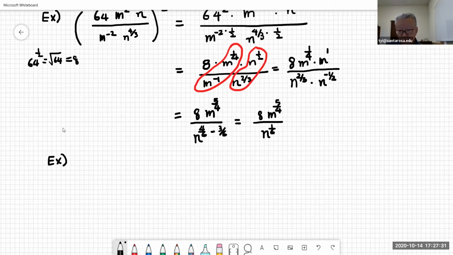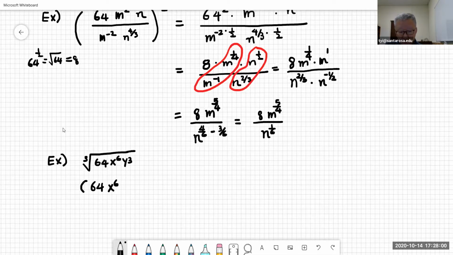If I have a cube root of 64 x to the 6 and y to the 3, we want to simplify this.